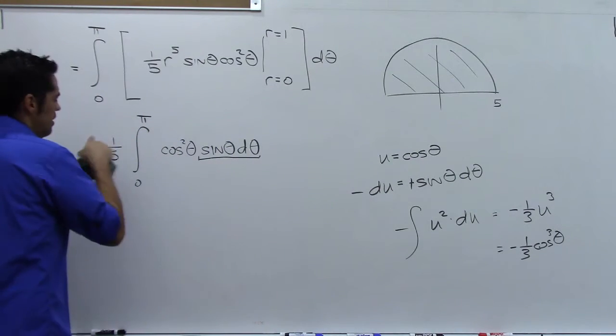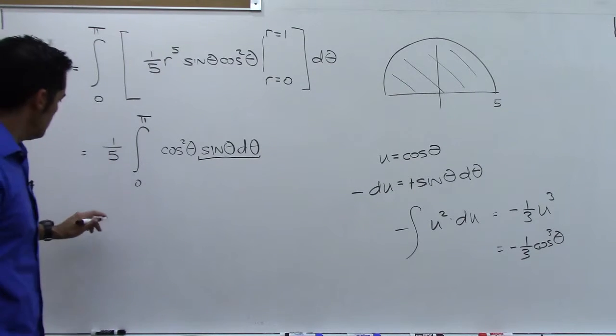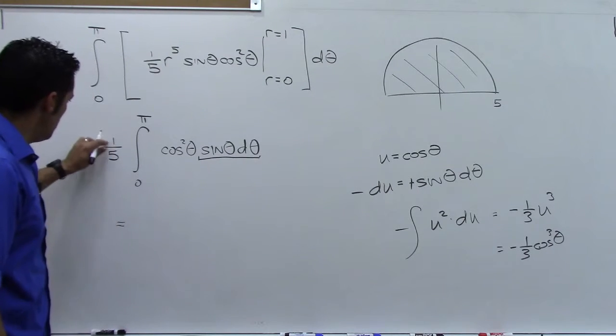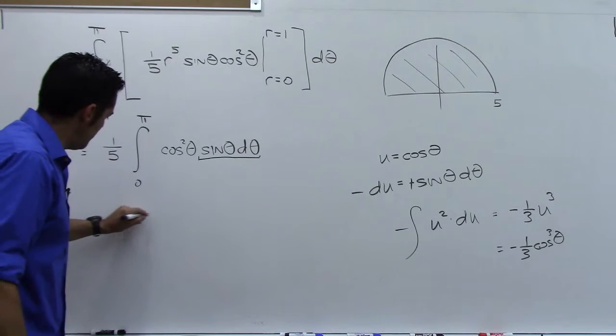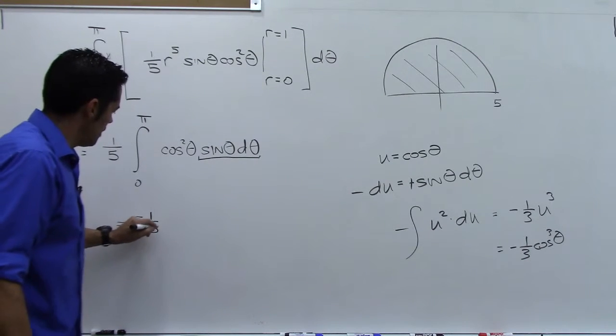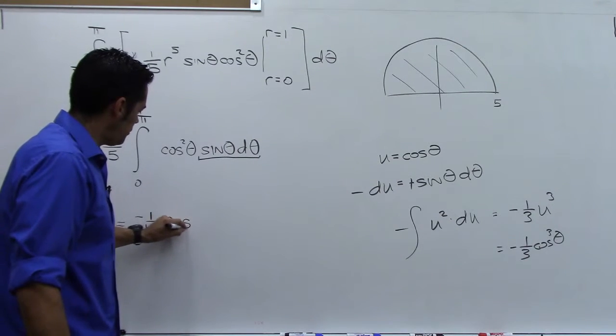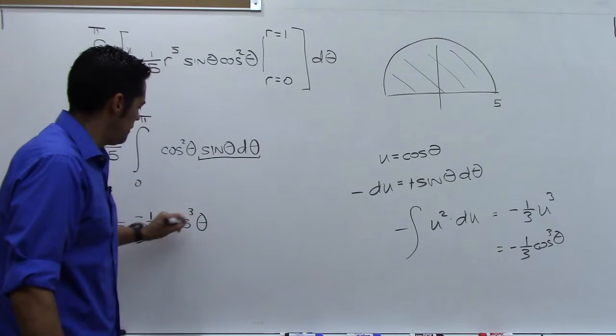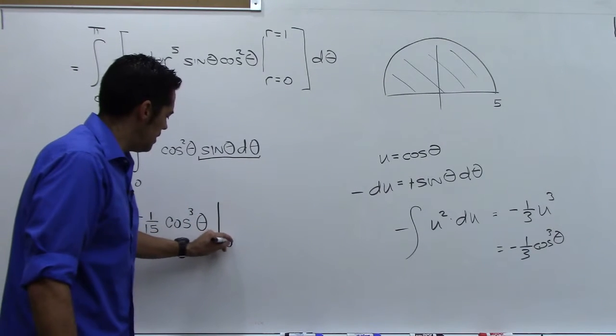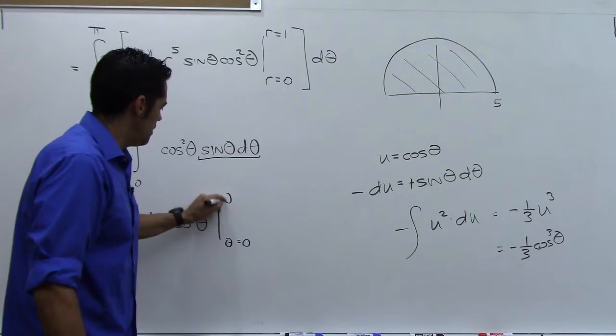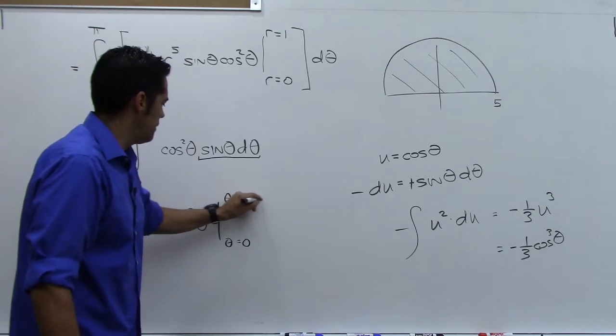But I had 1/5 in front. So it's going to become 1/5 times negative 1/3, which is negative 1/15 cosine cubed theta, evaluated from theta equals 0 to theta equals pi.